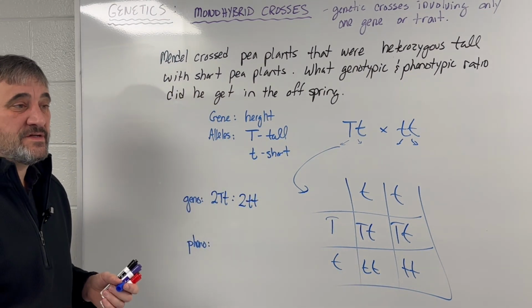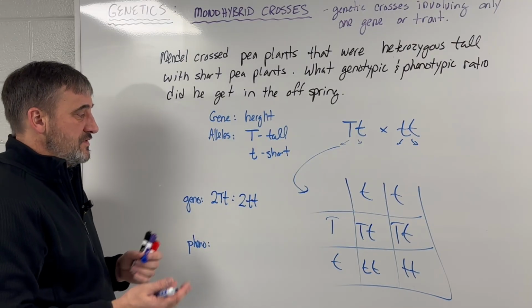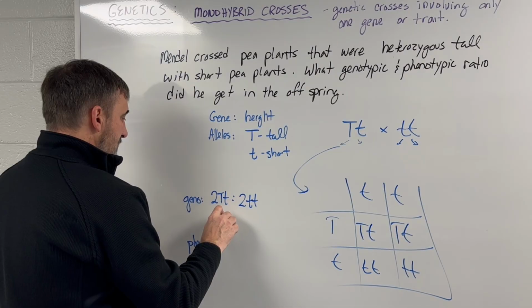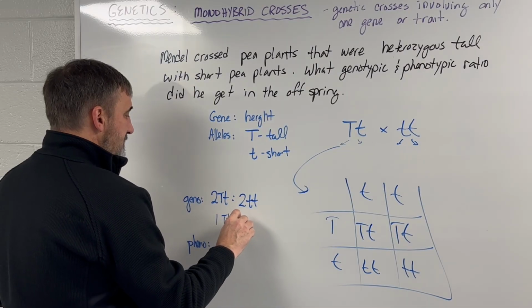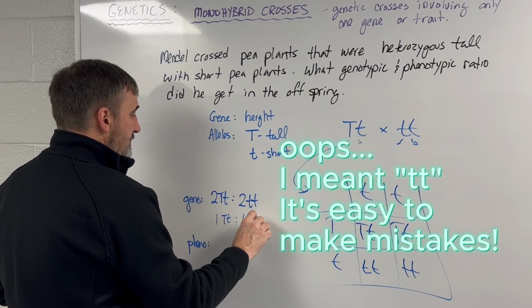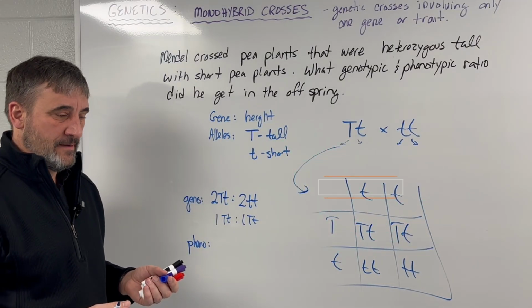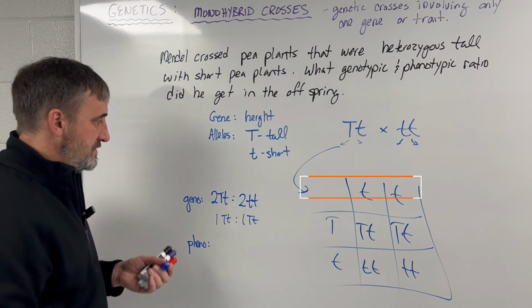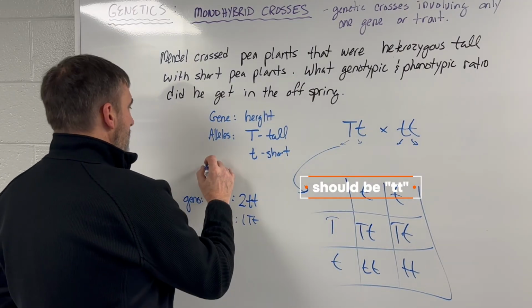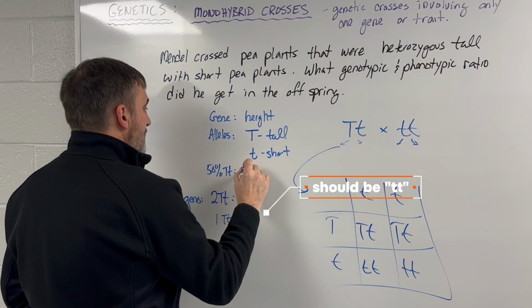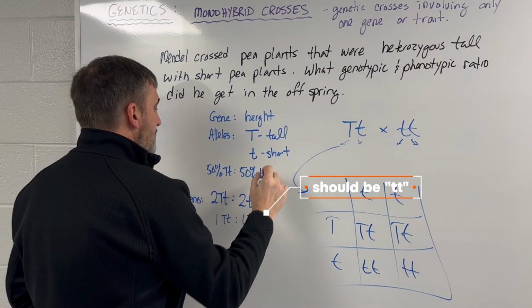Now, when we're doing ratios, it's always a good thing to reduce the number if you can. So both of them are divisible by 2. We could put 1 big T, little t to 1 little t. If it asks you to write it as a whole number percentage, then we would put 50% big T, little t to 50% little t.